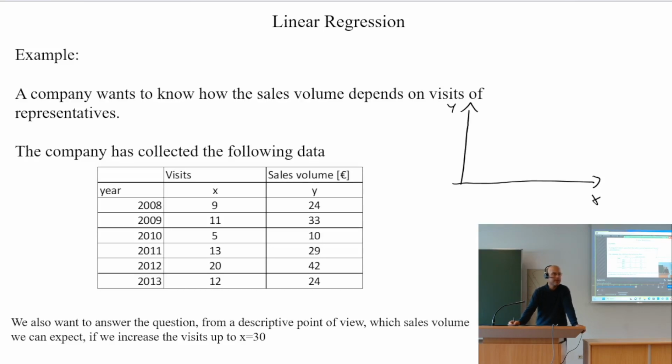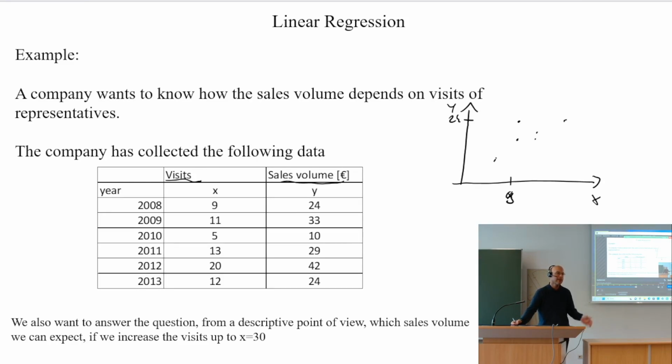In this case we take visits of some company in order to sell our product, and on the other time series we have our sales volume, and what we then do is just plotting x is 9, y is 24, this would be one data point, and then putting all these data points.